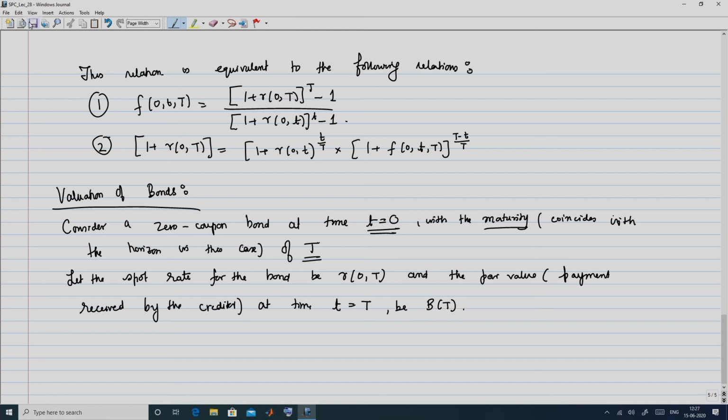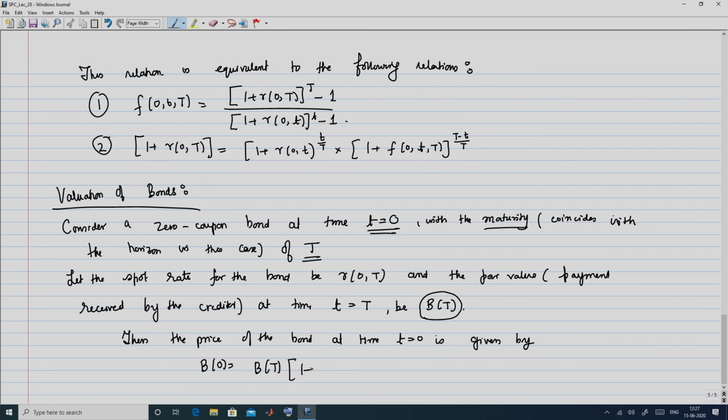So, as we have done before, if you receive an amount of B(T) at time capital T, then the price of the bond, or the amount that the creditor should lend at the initial time t equal to 0, is going to be given by B(0) equal to B(T) into (1 + r(0, T)) raised to minus T. So, how do we get it?